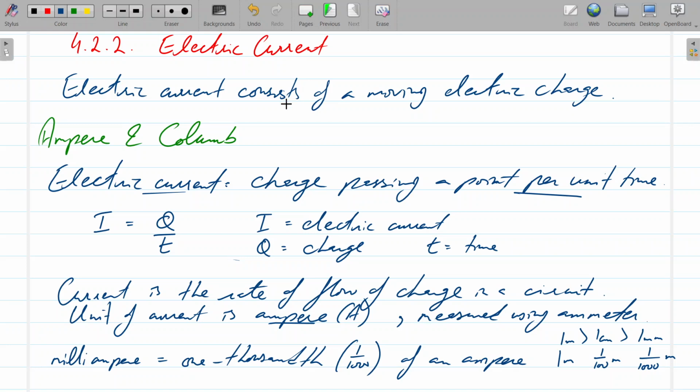Now, along with that, we want to talk about the coulomb, right? These two, ampere and coulomb, are interrelated.